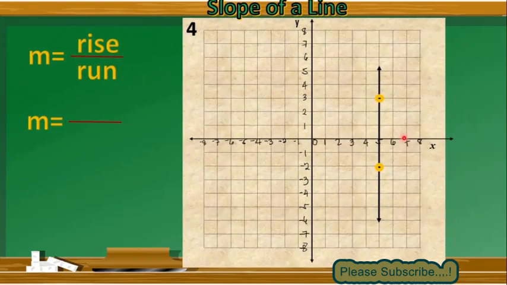This graph is a vertical line. Let us find the slope of this graph. What is the rise? Let us count. 1, 2, 3, 4, 5. So the rise is 5. But the problem here is that we don't have a run, so it is 0.